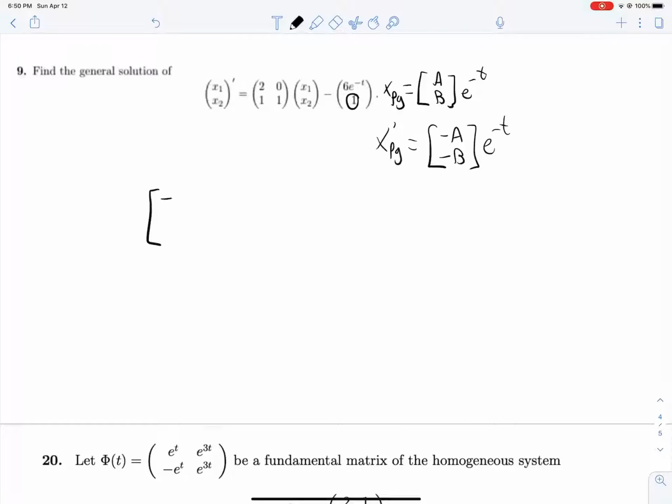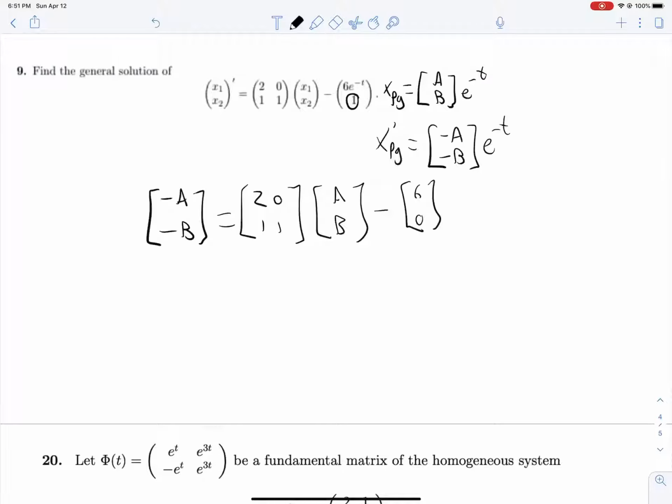So plugging things in, -a, -b is equal to 2, 0, 1, 1, times a, b minus 6, 0. This is -a is equal to 2a minus 6, and -b is equal to a plus b plus 0.